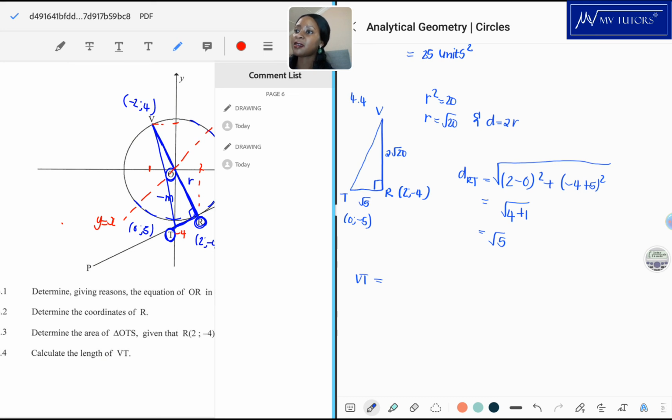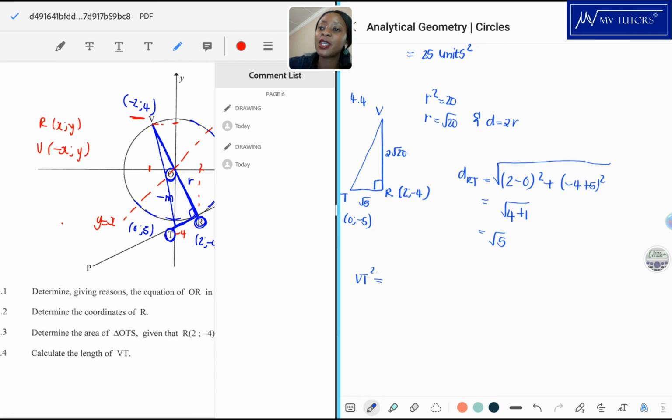Yeah, so actually, if R is x, y, then V is going to have negative x and y. Yes, and that is why we have minus 2 and 4 over there. So basically, I could have just used the coordinates of V and the coordinate of T using the distance formula to get this instead of going the longer route. But anyway, this is where we are.